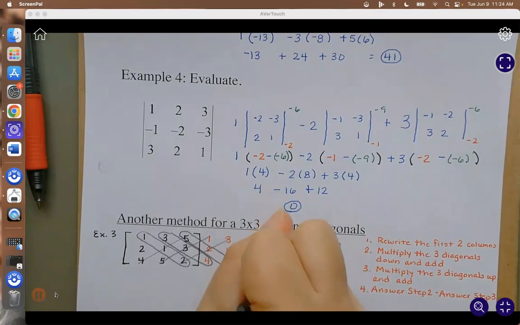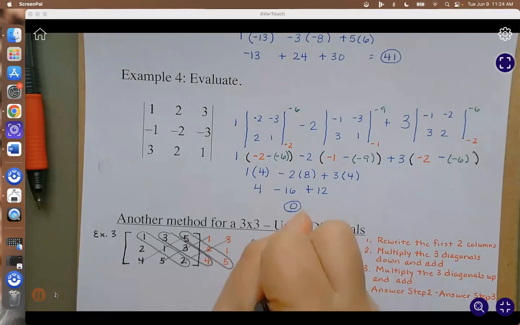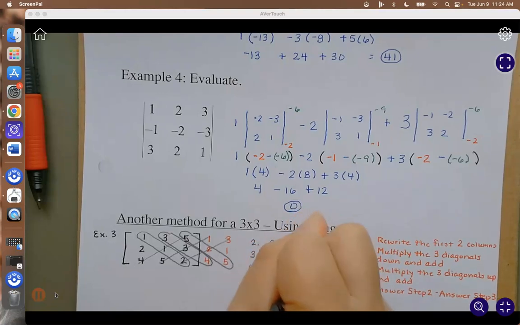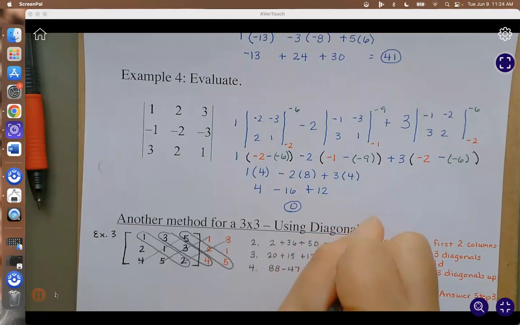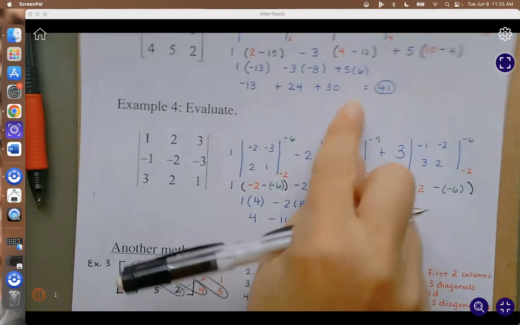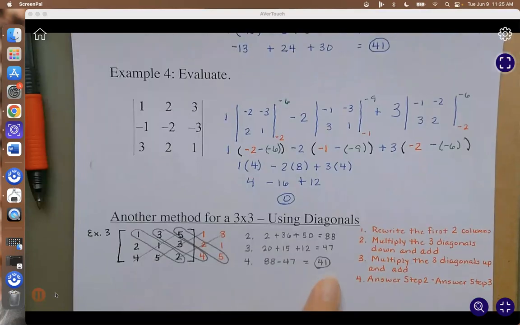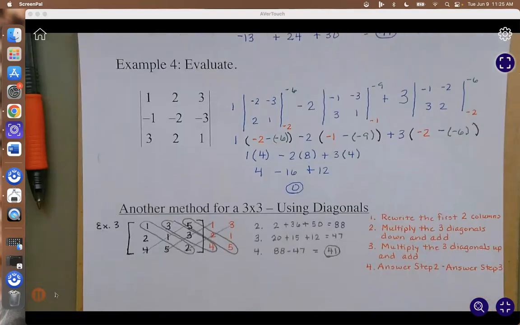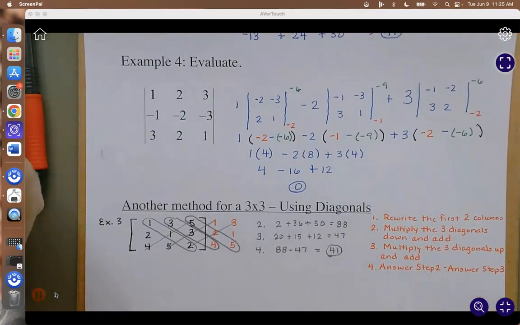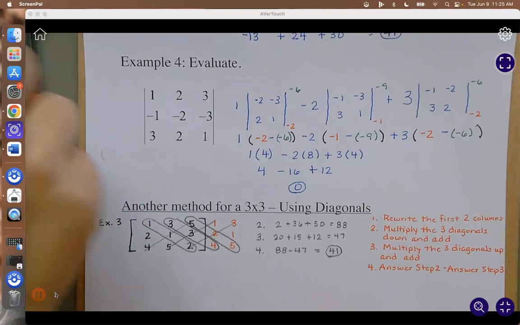So step 4 is going to be 88 minus 47, which is 41. And if you look back at what we did up here, those do match. Okay? Now this is finding determinant using diagonals. This is using minors. Okay? So depending on what the question asks, it determines which way you have to work it.